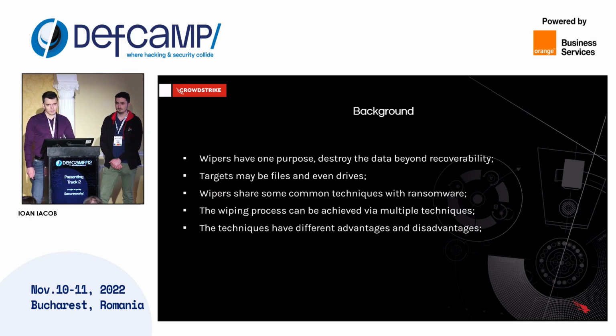There are some shared traits between wipers and ransomware, so they pretty much have the same anatomy, I would say. The biggest difference is that ransomware needs to somehow make data recoverable, and wipers do not need to do that extra step.